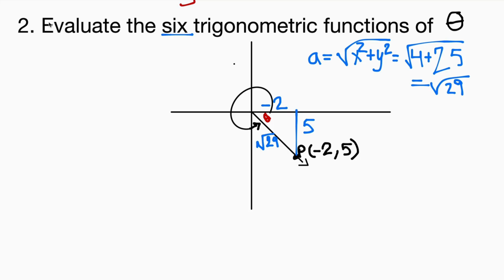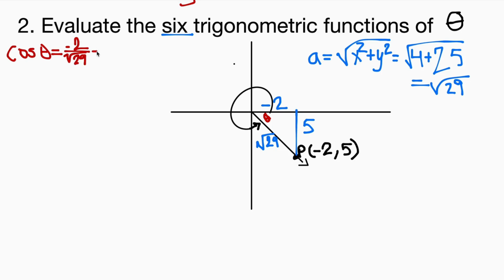First let's start off with cosine of theta. Cosine of theta is adjacent over hypotenuse. The adjacent value to theta is negative 2 over the hypotenuse value, which is square root 29.